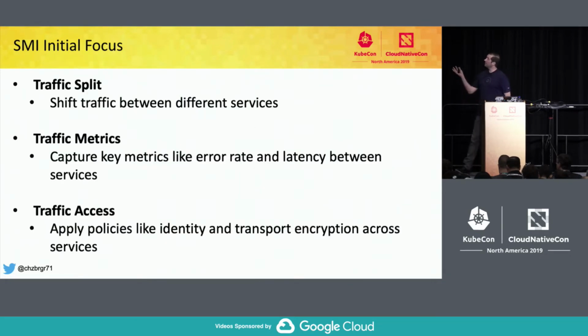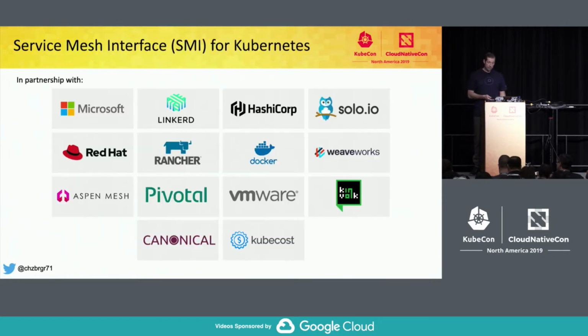In these early stages of SMI, right now we have traffic split, which I'm going to show you, traffic metrics, and also traffic access control, doing policy around service-to-service communication. A lot of folks worked on this, including a number of different companies, Microsoft among them. Again, it's in its early stages. I think it was announced at the last KubeCon. So there's a lot of opportunity to get involved in this and expand upon the work, to cover more of the scenarios that a service mesh works in.